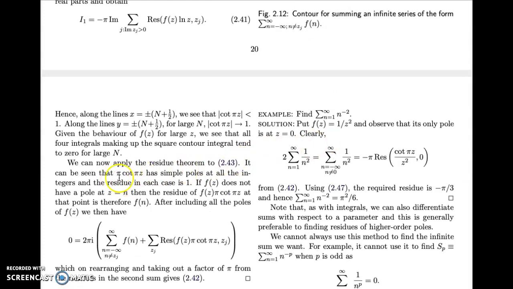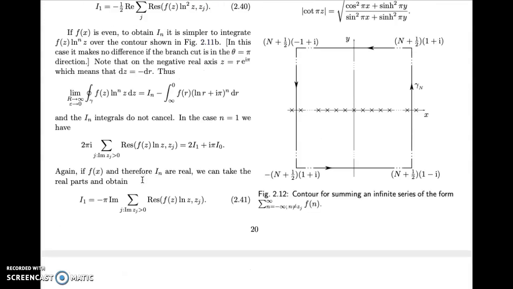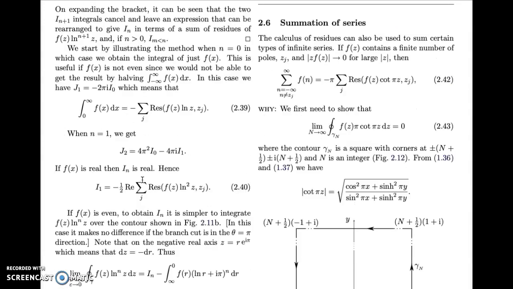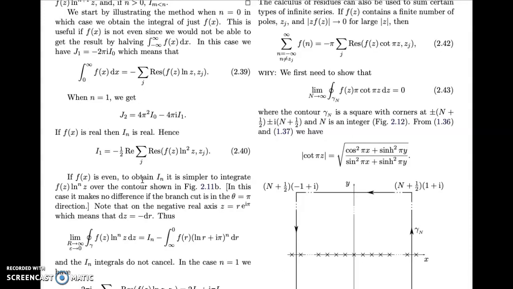Okay, so as we just said, pi cot pi z has simple poles at all of the integers, and the residue in each case is 1. To see why the residue is 1, remember cot pi z is cos pi z over sine pi z.